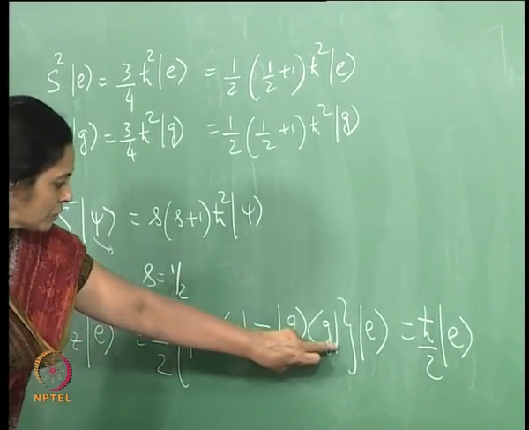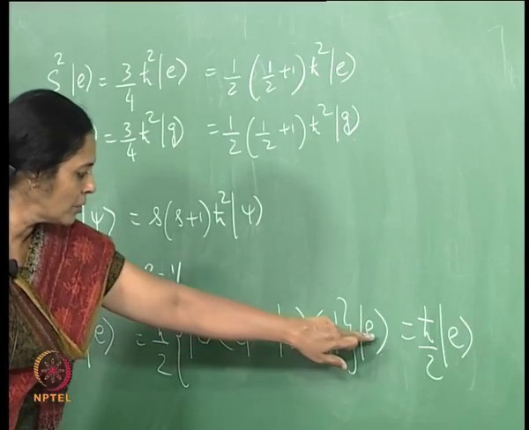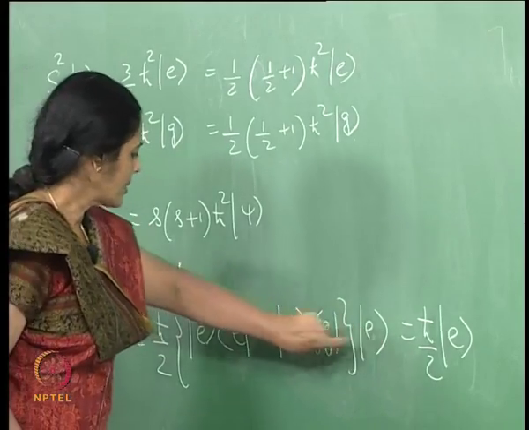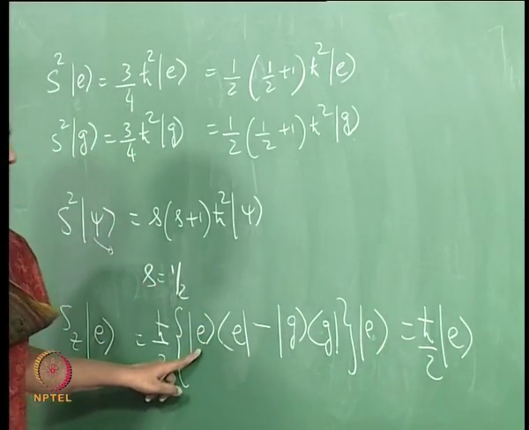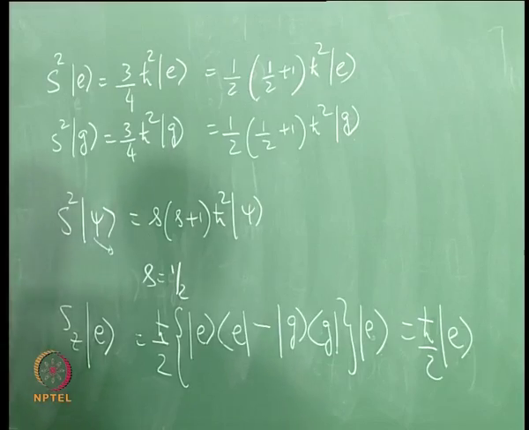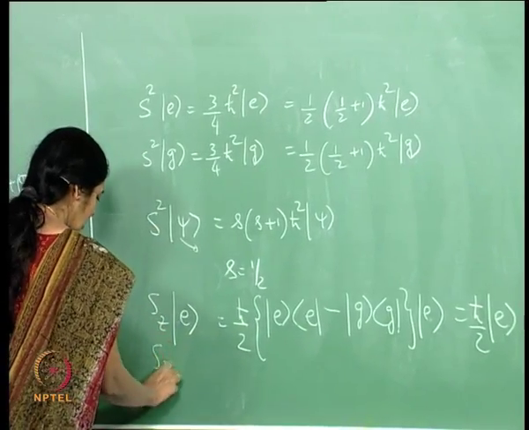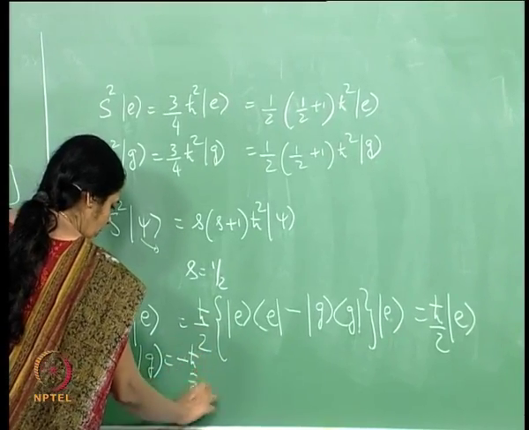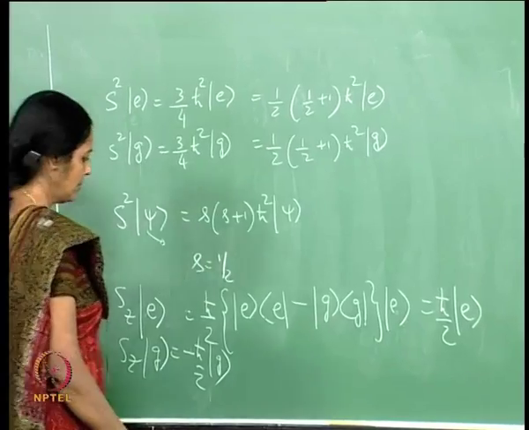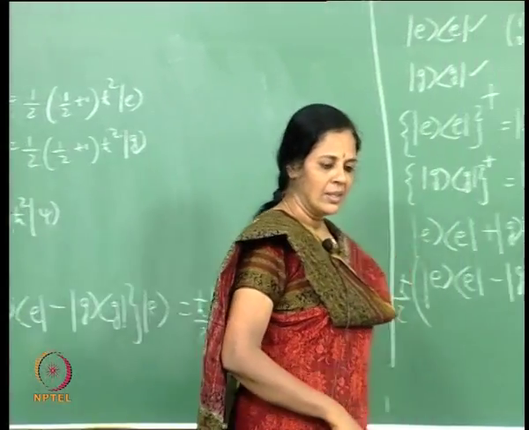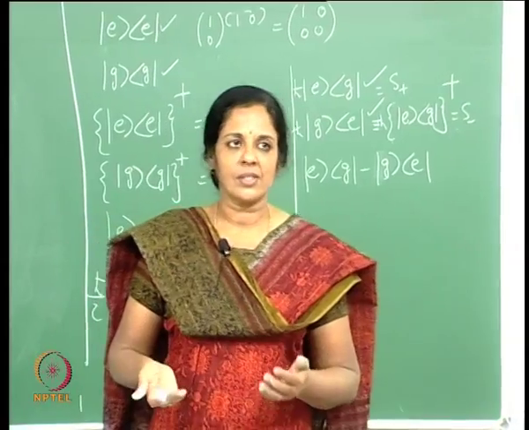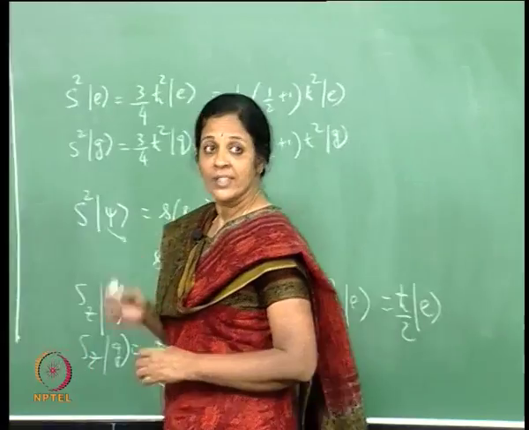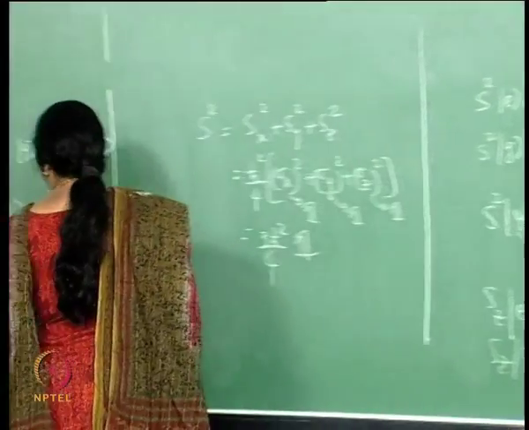There is no contribution from this term because this inner product is 0, whereas from this term one realizes that inner product is 1, leaving behind ket e. I can do Sz acting on ket g, and that is just going to give me minus ħ by 2 ket g. I therefore realize that the two basis states in question, ket e and ket g, are common eigenstates of S squared and Sz.